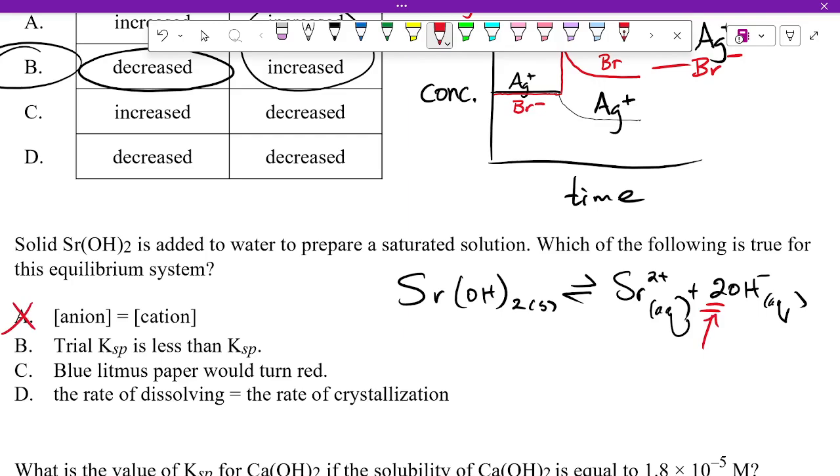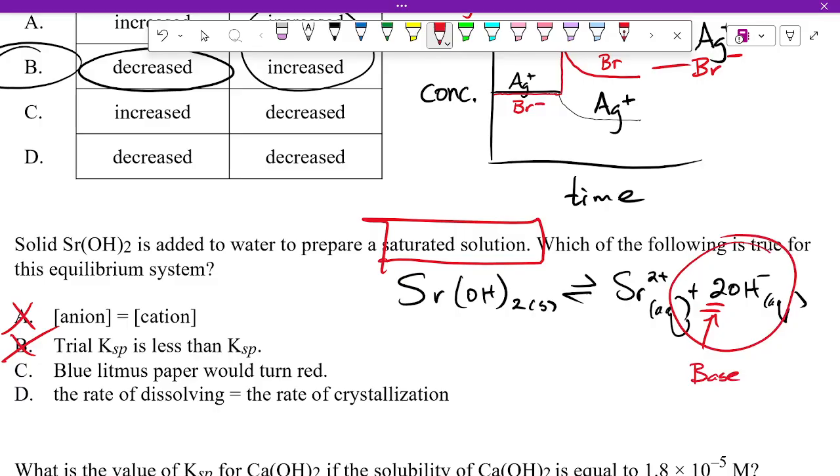Is K trial less than KSP? That doesn't make any sense. We have prepared a saturated solution. Blue litmus paper would turn red. Well, hydroxide is a base, and base turns litmus blue.